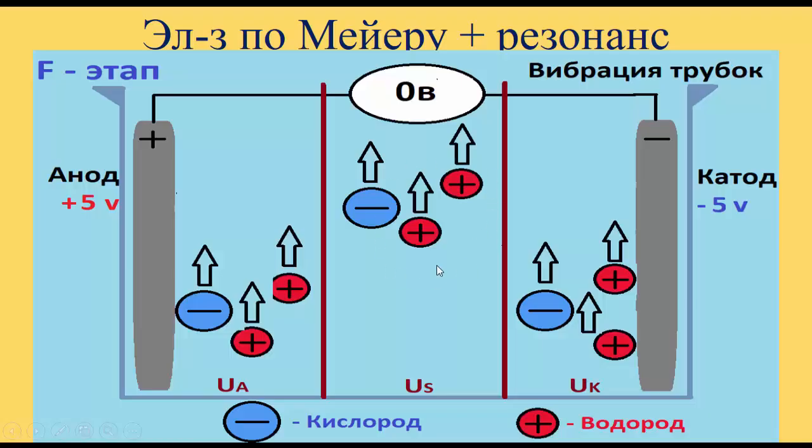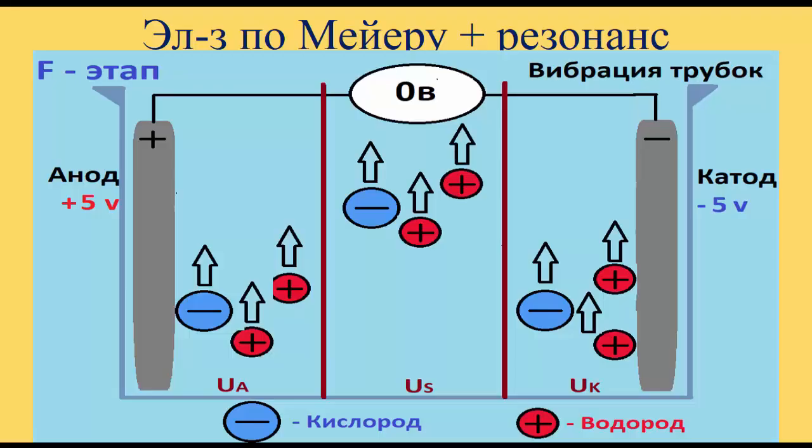That is, compared to standard electrolysis, Meyer electrolysis plus acoustic resonance gives brown gas 3 times more than standard direct current electrolysis.